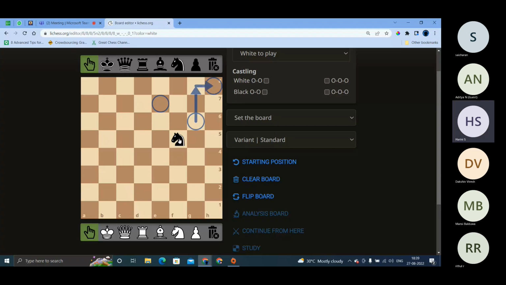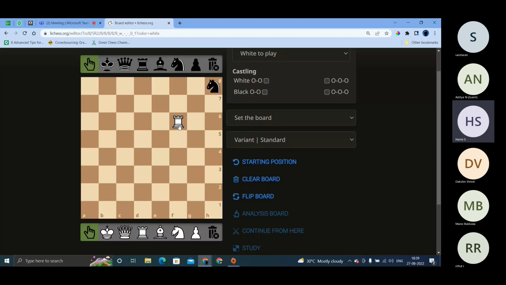So first the knight will go here, from here it will go here, and then from here it will go here. You got it? Did you get it, Dakshiv? Yes, ma'am.